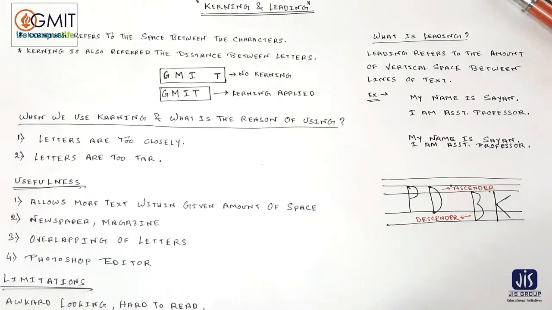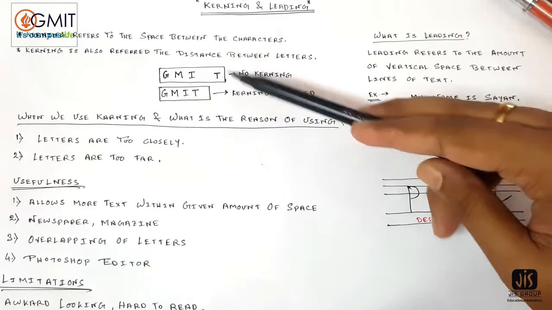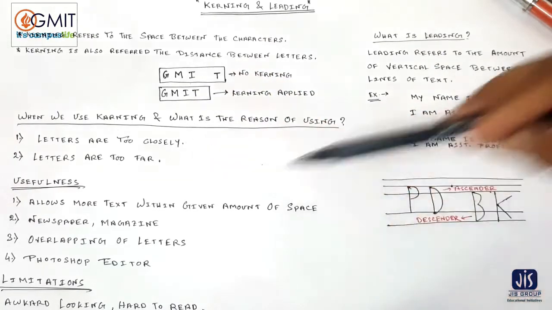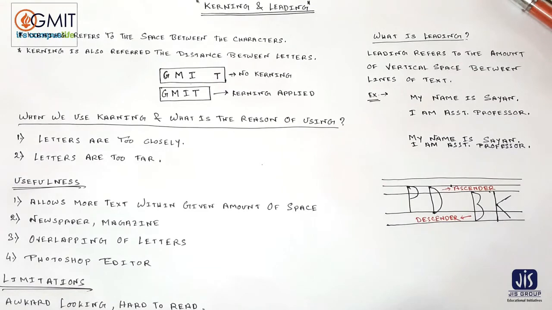Next, I am coming to the next part, that is when we use kerning and what is the reason for using kerning. From this example you can also predict the answer. When letters are too closely packed together, words are hard to read, then we use kerning.